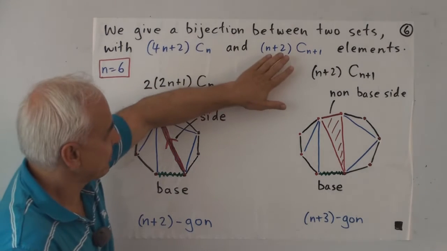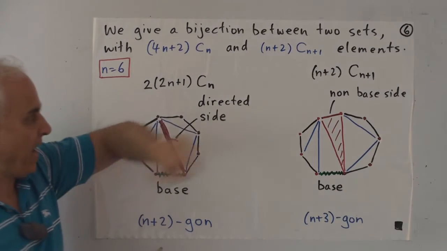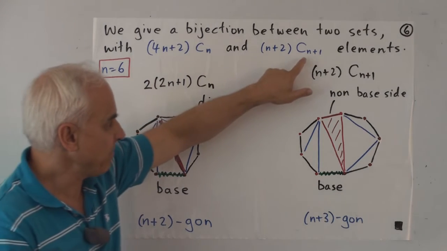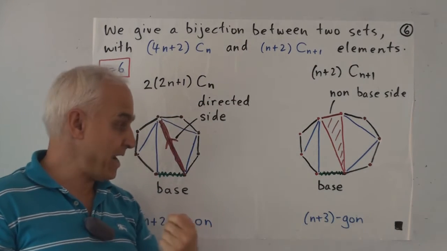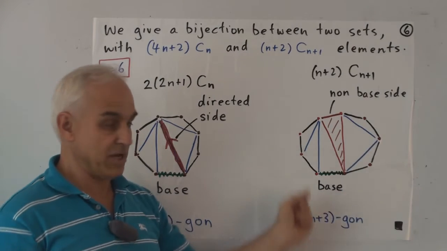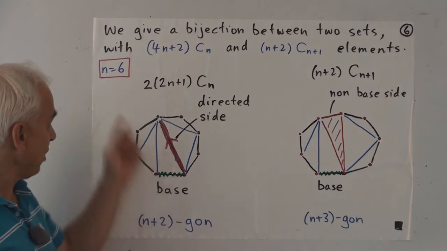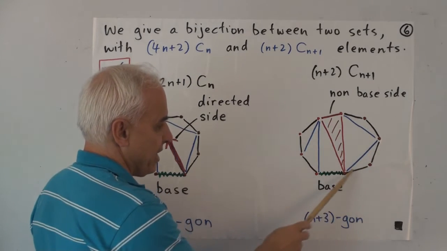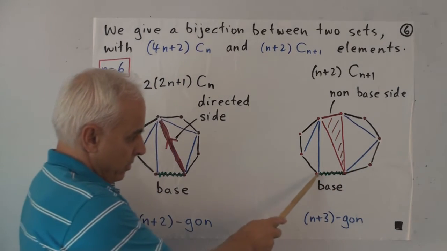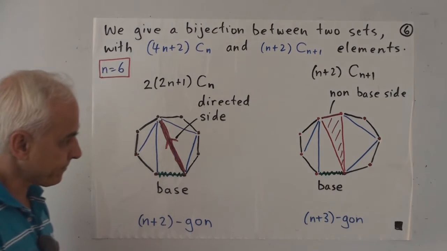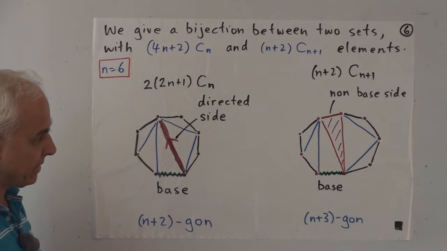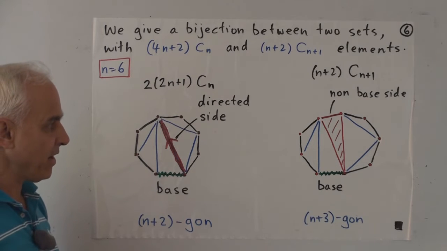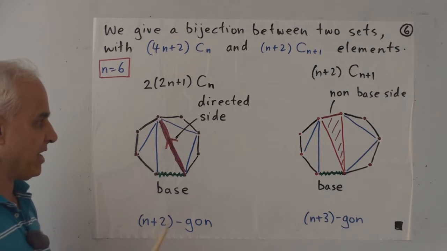Okay, now how about this quantity, n plus 2 times c sub n plus 1? Well, c sub n plus 1 is the number of triangulations of an n plus 3 gon. So here's an n plus 3 gon, which in our case will be a 9 gon. 1, 2, 3, 4, 5, 6, 7, 8, 9. We'll choose a base. And then what we're going to do is choose one of the non-base sides around the outside.